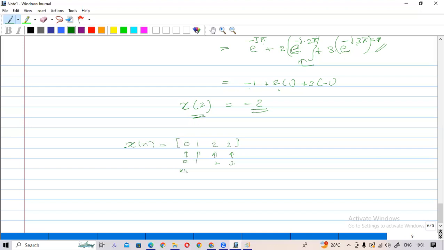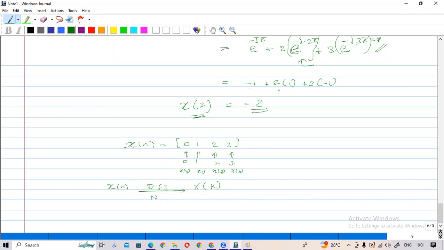That means this is x0, this is x1, this is x2, x3. Now you need to find the discrete Fourier transform of this xn. If you find the discrete Fourier transform, you will get frequency samples. The number of frequency samples is denoted by N.